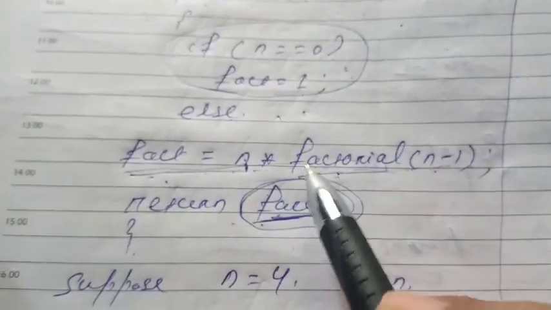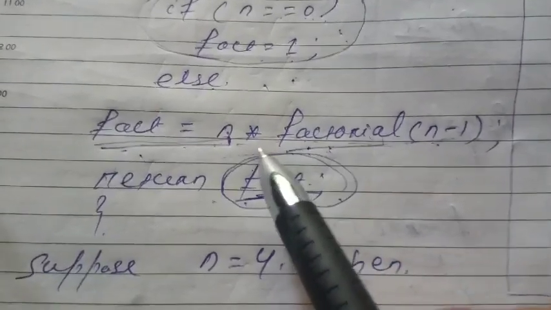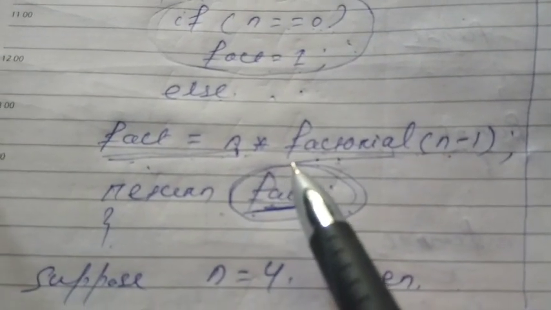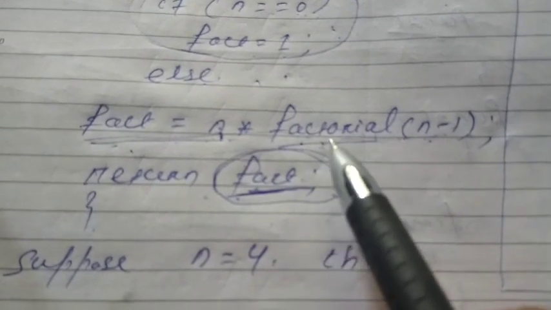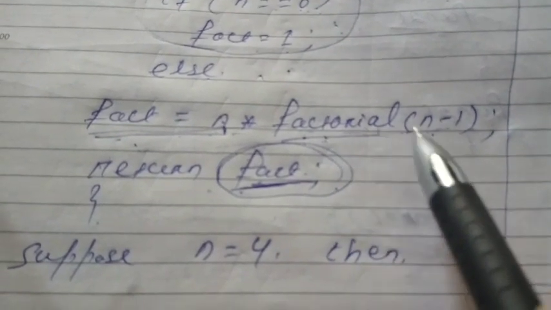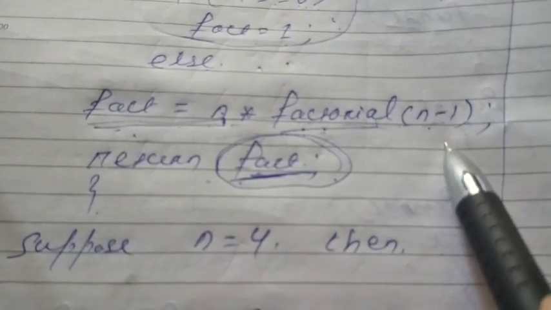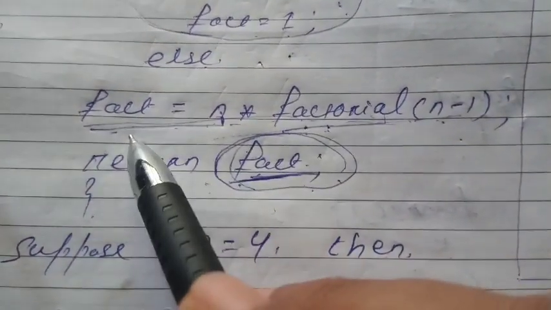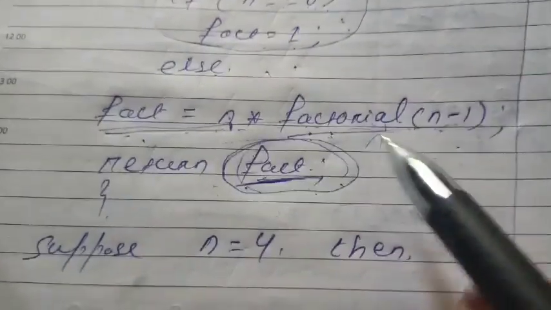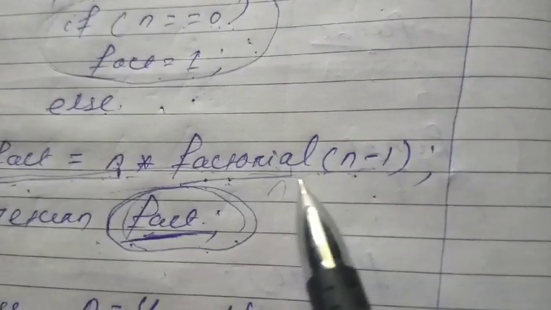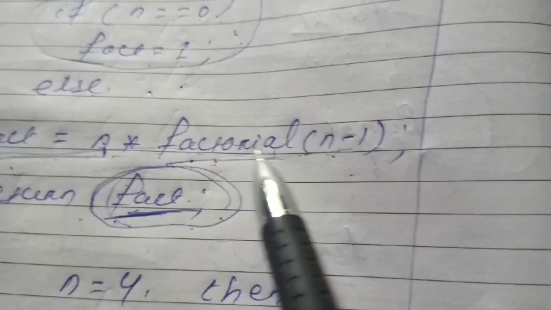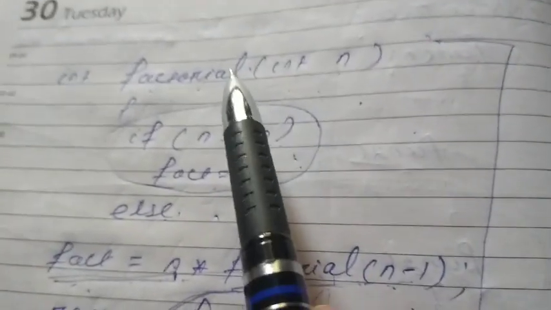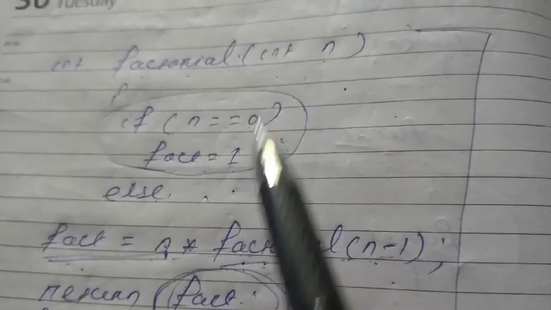Else, we write this formula: n into factorial of n minus 1. Then return fact. The result will be stored in fact. So this is the recursion process. This function calls itself until there is an exit condition.